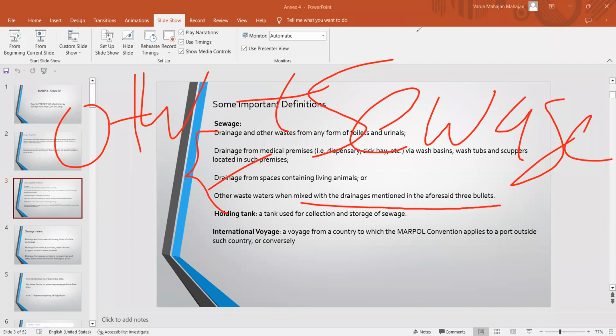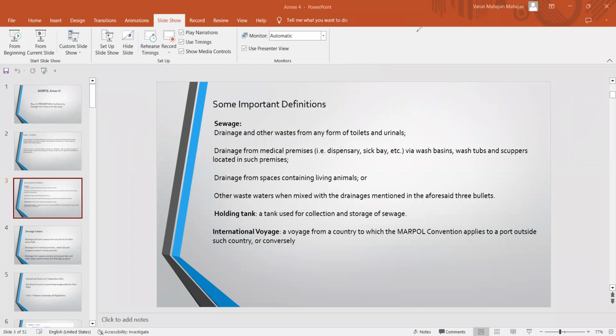Now what is a holding tank? A tank used for collection and storage of sewage is known as a holding tank. And what is an international voyage? A voyage from a country to which the MARPOL Convention applies to a port outside such country, or vice versa.